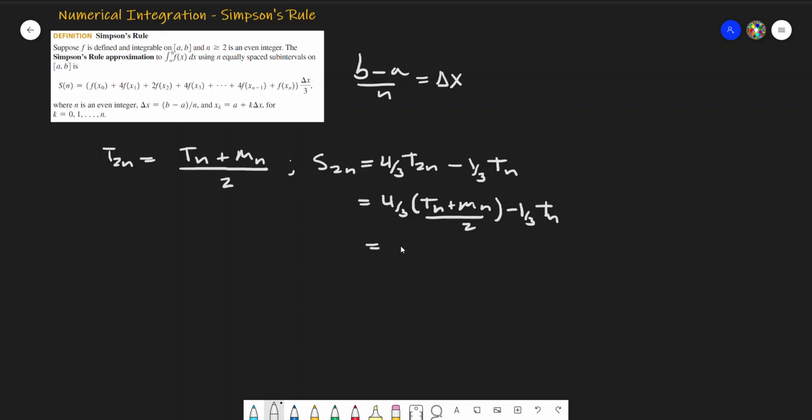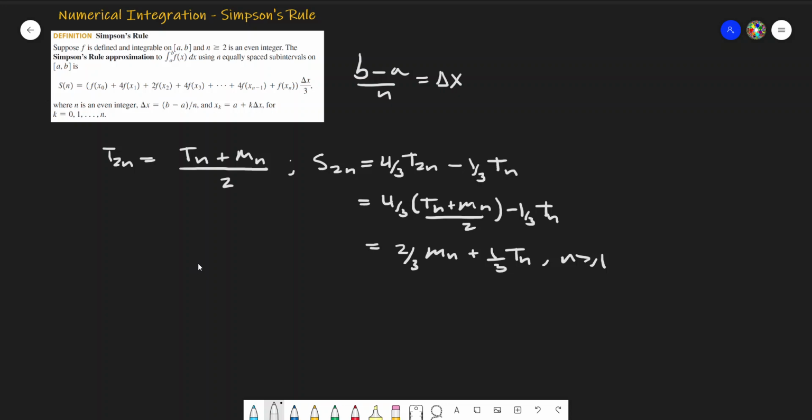What this does is it gives us a nice formula in terms of the midpoint and the trapezoid sum. So we have 2/3 m sub n plus 1/3 t sub n. And this is only valid for n greater than or equal to 1.